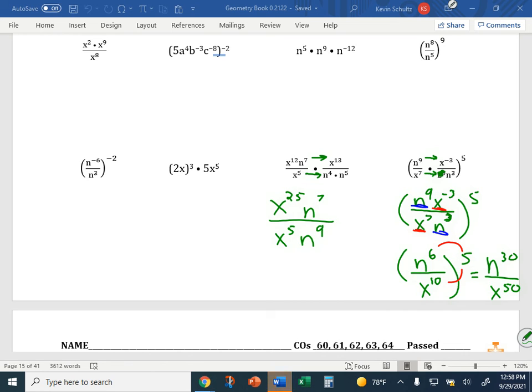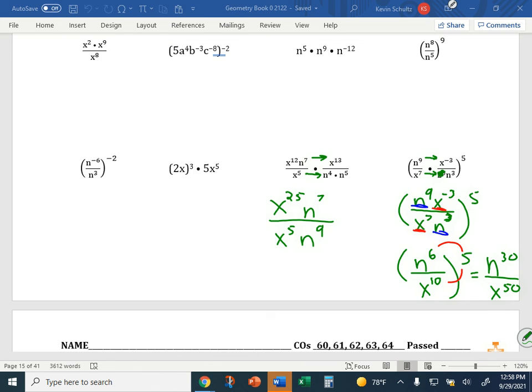Now combining it, I've got only one base of x, one base of n in each part of my fraction. Now I can look at, do I have negative powers to move? Do I have to distribute? Can I simplify my bases? X to the 25th over x to the 5th, what does that simplify to be? How many x's and where are they?